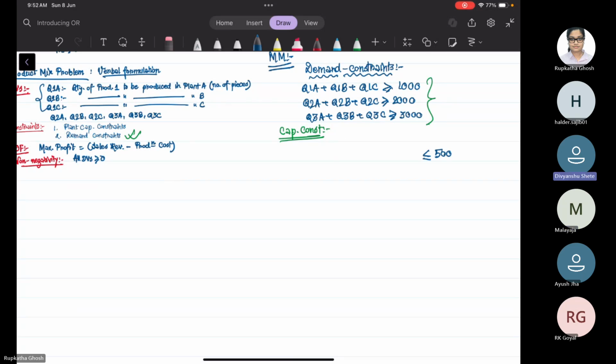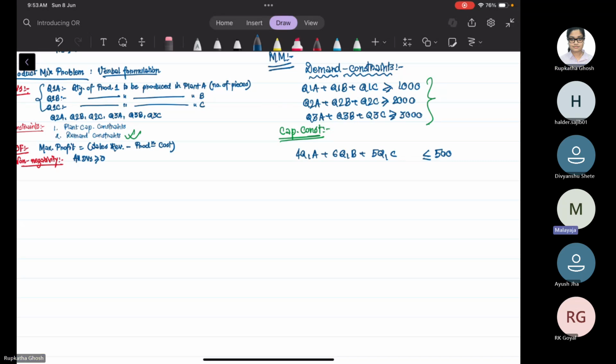4 Q1A plus 6 Q1B plus 5 Q1C should be less than or equal to 500. You are almost right. There is just a problem here. Can anyone tell me what the problem is?